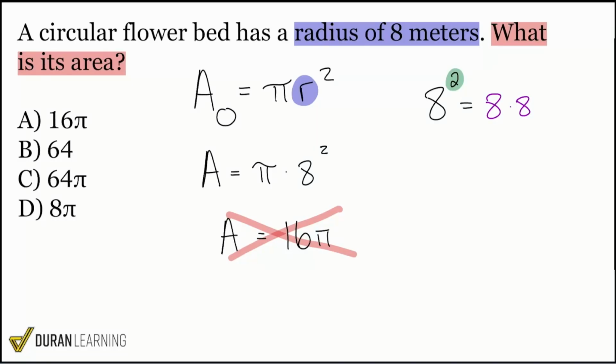My party people, what is 8 times 8? 64. That's correct. And that's why pi times 8 squared is going to turn into 64 pi. So that makes pi r squared 64 pi, making C the correct answer. Just like that, my party people.